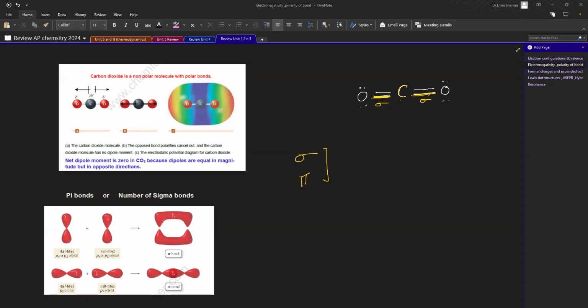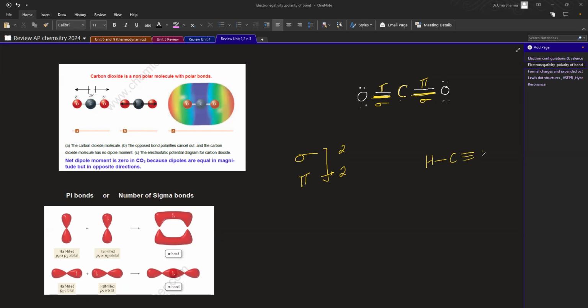So how many sigma bonds are here? Two. And if it is making more than one bond, the second bond is pi. So how many pi bonds are there? Two.